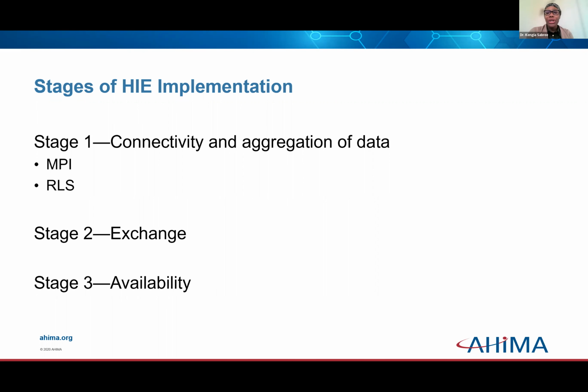So in the third stage of the implementation, the HIE is made available to the ambulatory care facilities and providers that refer patients to the acute care facilities. It is in this phase that the HIE is considered a community.